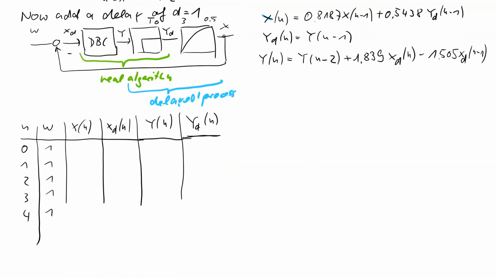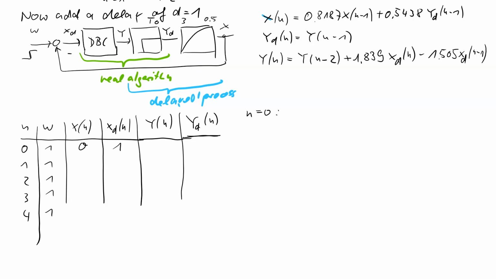Okay, let's do the first step. n is 0. In this case we see a unit step at my desired input. x of course is not changed in this moment, so there comes nothing back, so xd gets the full step function.